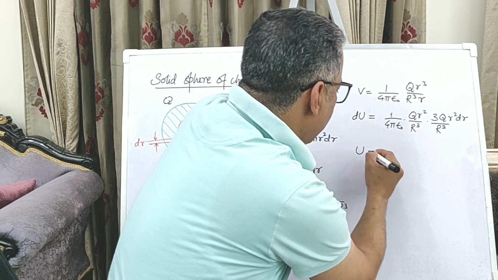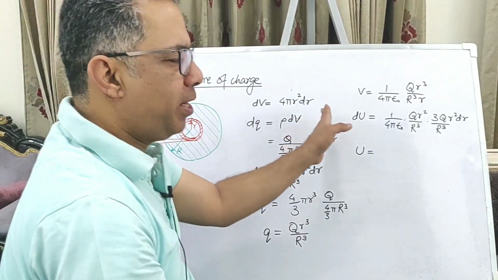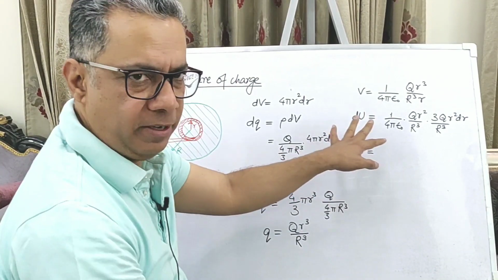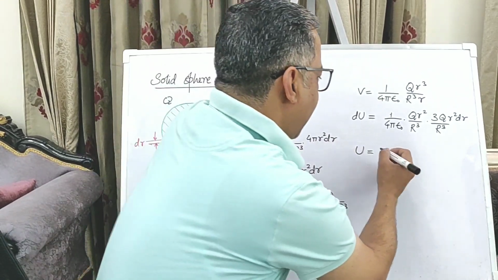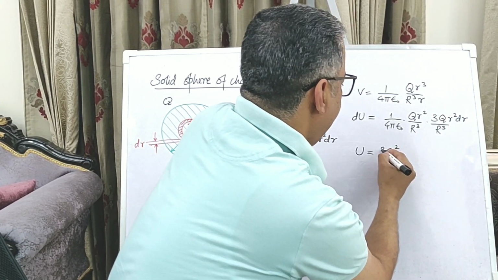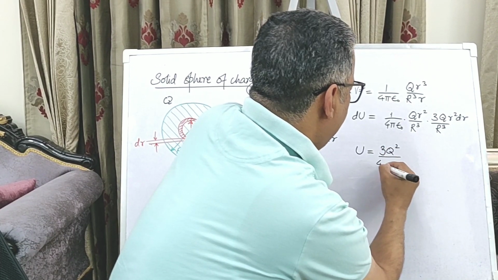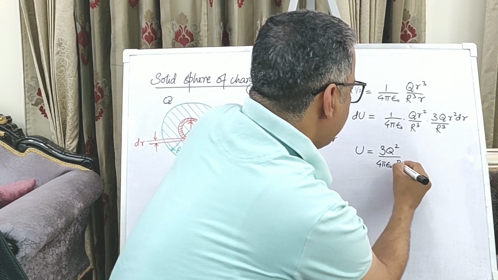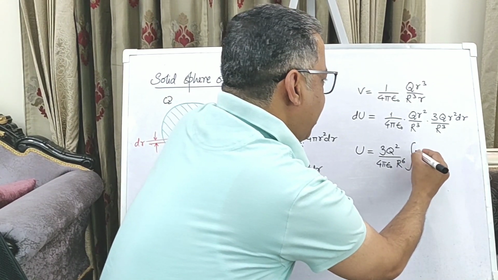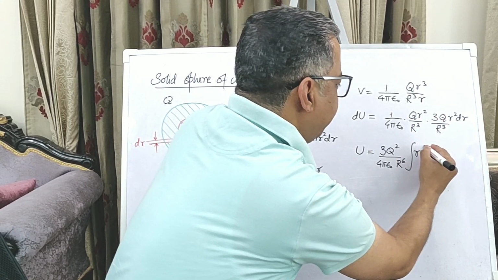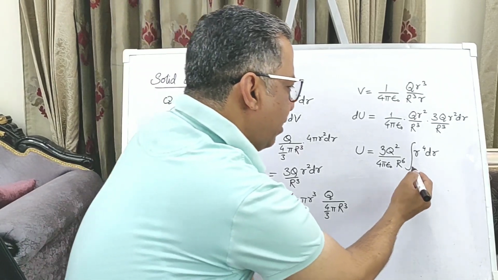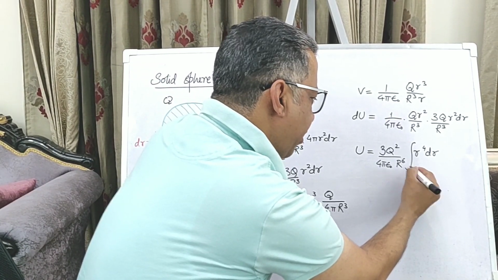Now U, the total potential energy, will be a summation of all the dU changes, and the summation of course is easily achieved using integration, and we take the constants out. Q square 3 by 4 pi epsilon naught R to the power 6, all this moves out, and we integrate r to the power 4 dr, and the integration process is done for the initial value of r, that's 0.